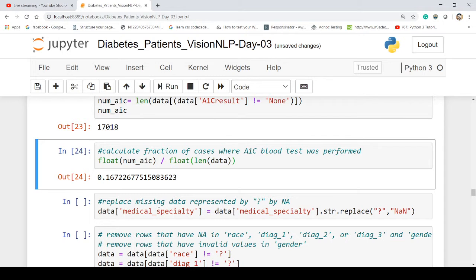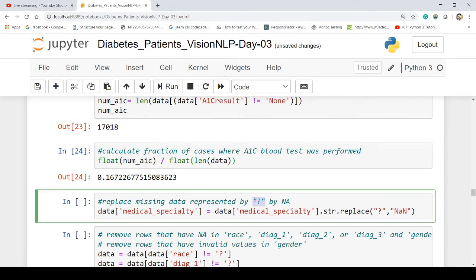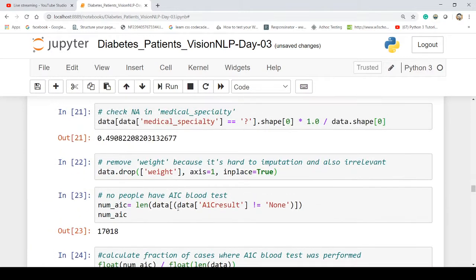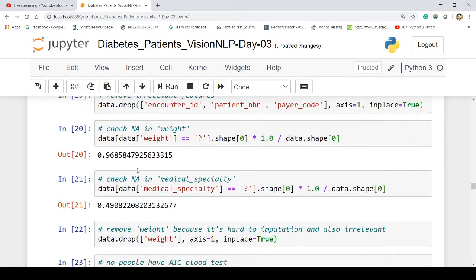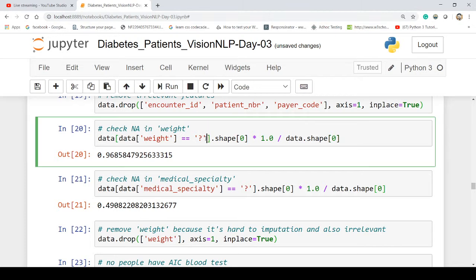So now replace missing data represented by this question mark with NA. My medical specialty has few data, right? In the weight I have around 96% question mark data, so that is why I have just dropped it.